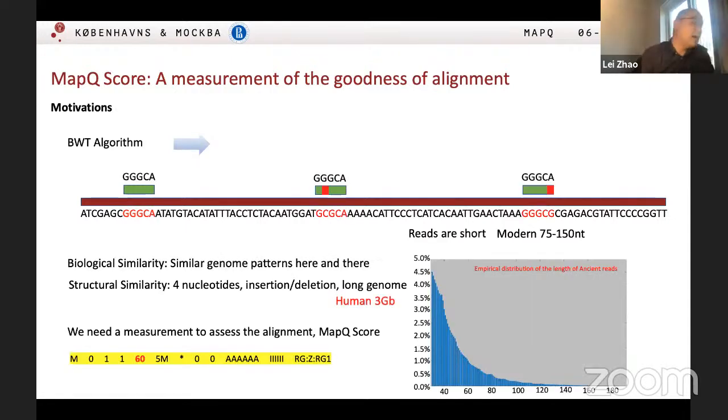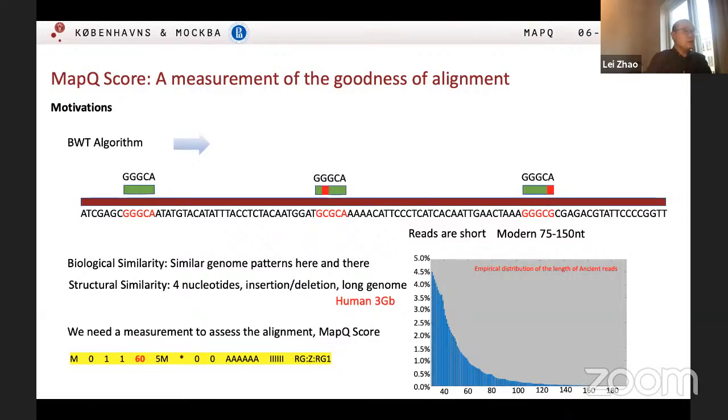If you allow some tolerance of mismatches, you'll find that along a genome there'll be different positions where you can map maybe one specific short read. This is because of both the biological similarity and the structural similarity of the DNA sequence.